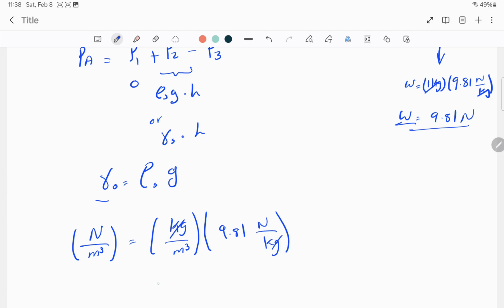Kg and kg will cancel. You have here units of newtons per meter cubed. The units are very, very important in fluid mechanics. You need to make sure that they're always matching.